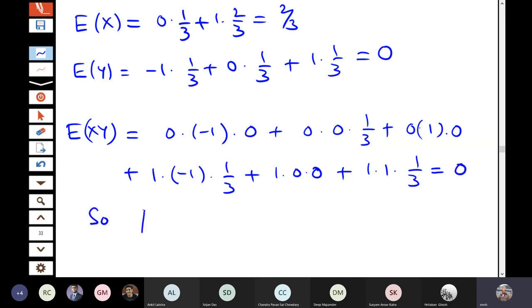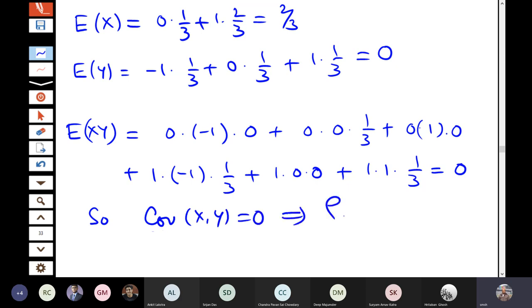So here mu xy is 0, and mu x mu y is also 0. So covariance between x and y is 0.